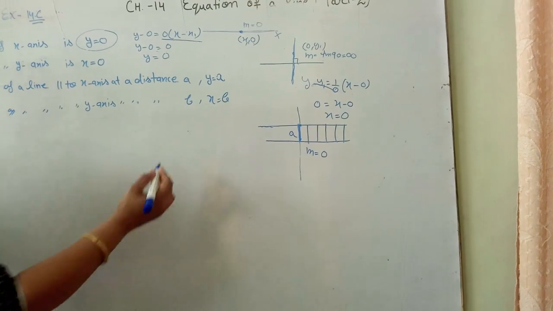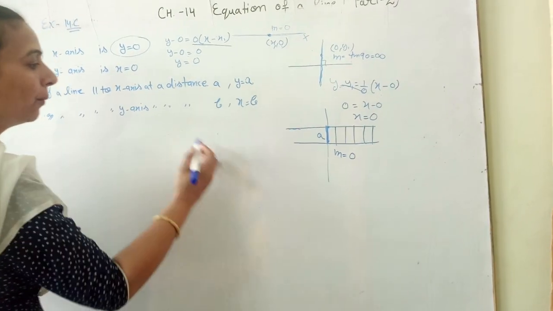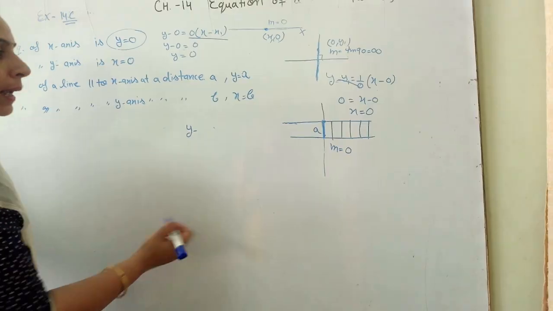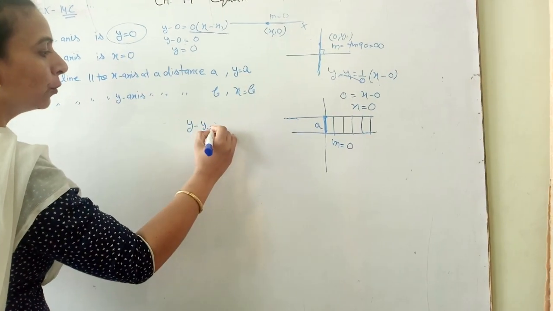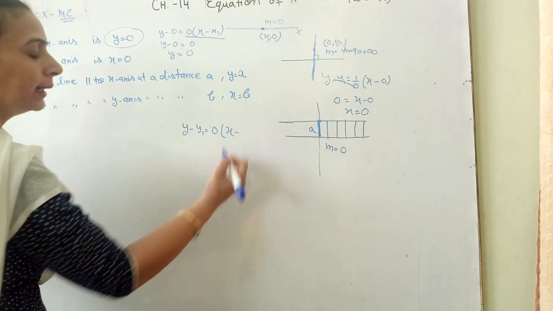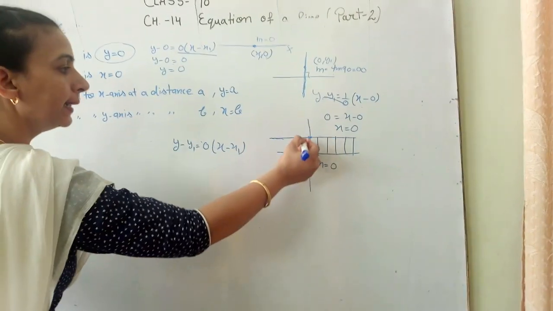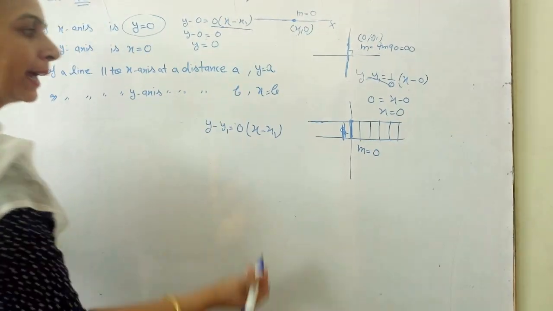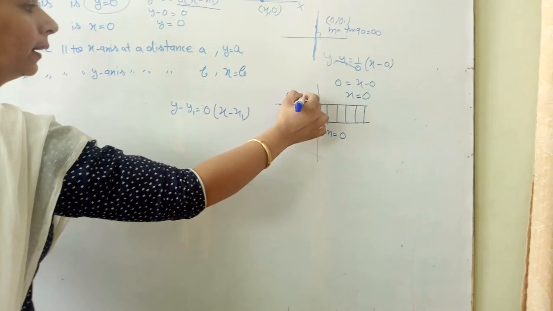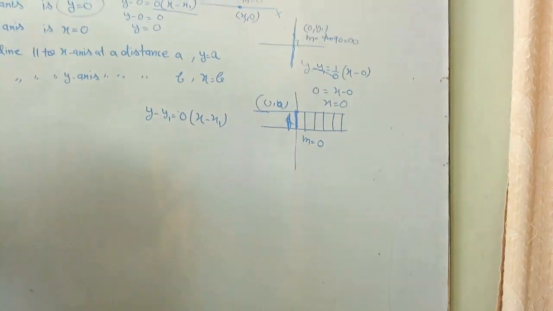So we take the same point-slope form, y minus y1 equal to slope times (x minus x1), where y1 means the distance a.